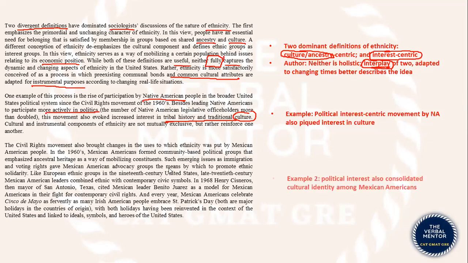In the third paragraph, the author gives us another example, and he says political interest also consolidated cultural identity among Mexican Americans.